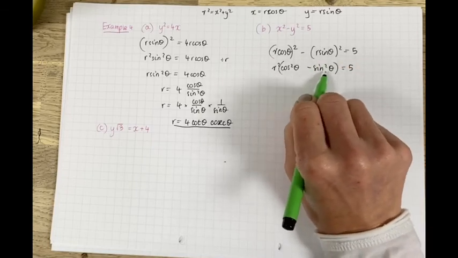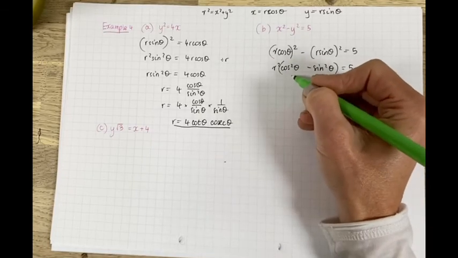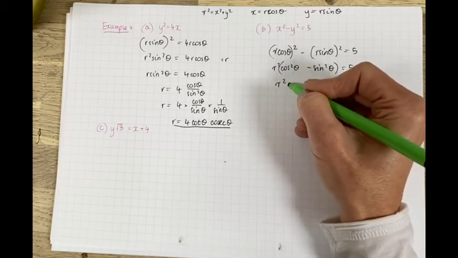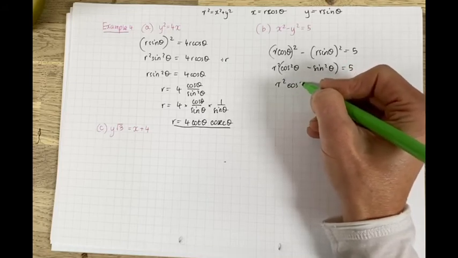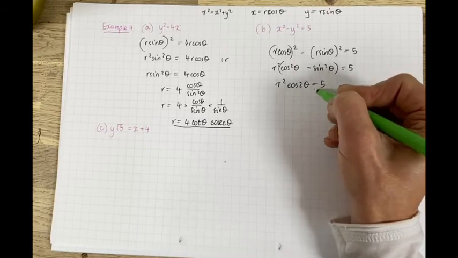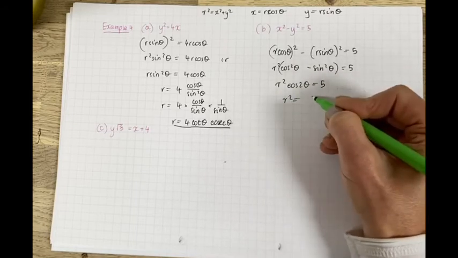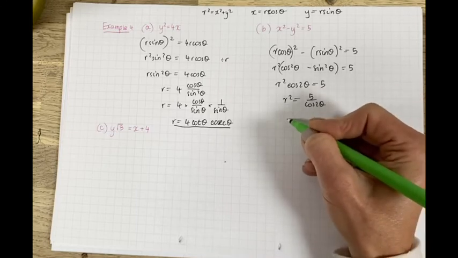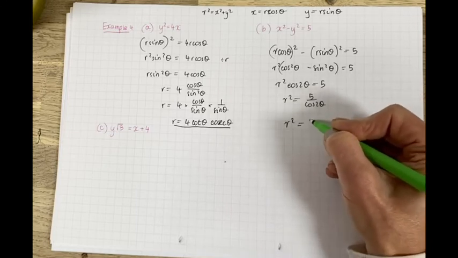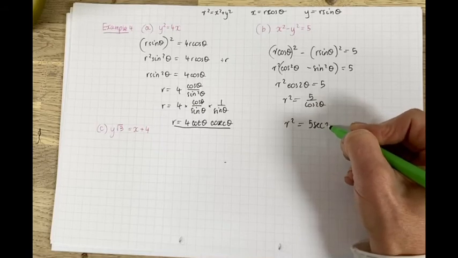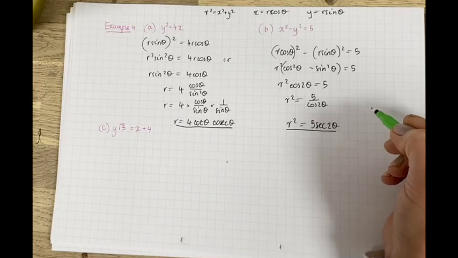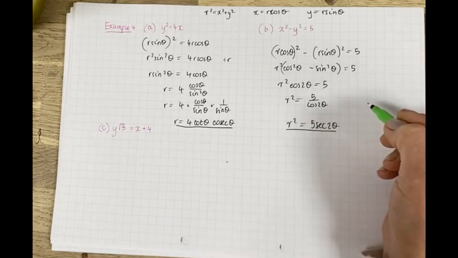That can be replaced with cos 2 theta, and then you've got r squared is equal to 5 over cos 2 theta, which is 5 sec 2 theta. And you can leave your r as r squared. That's perfectly okay to do so.